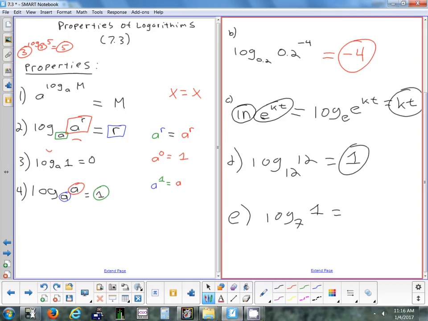Now, we don't even know how to type in base 7, but it doesn't matter. We just have to use the formula and we won't need a calculator. So what's log base 7 of 1? Well, Alyssa? 0. And what rule tells you that? Yeah, rule 3. Okay, so that's the kind of problem you'd see on the test on this stuff. Just simplified, just like that.